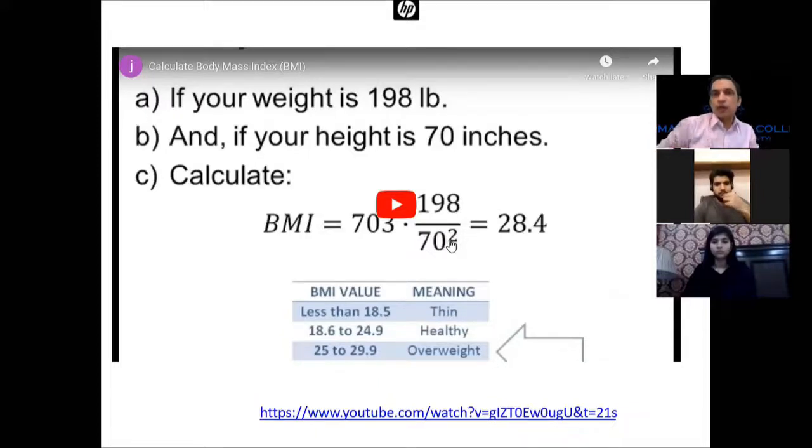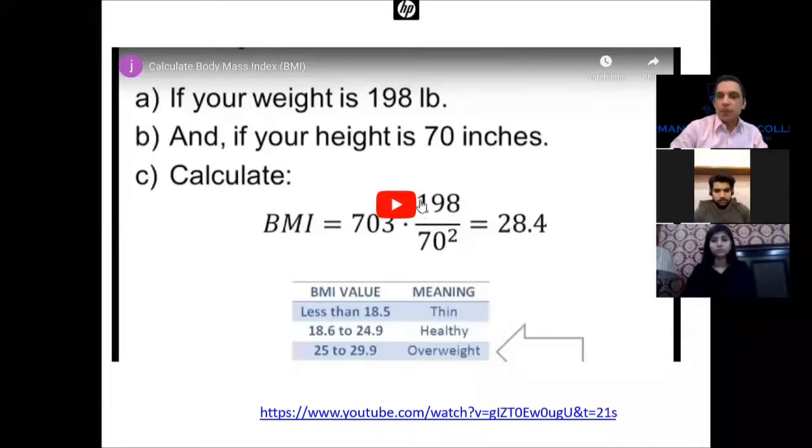And you know that having more weight in your body than normal, having an abnormal body mass index, is associated with lots of medical health concerns. It can be a reason for many different diseases, particularly cardiovascular diseases and diabetes and others.